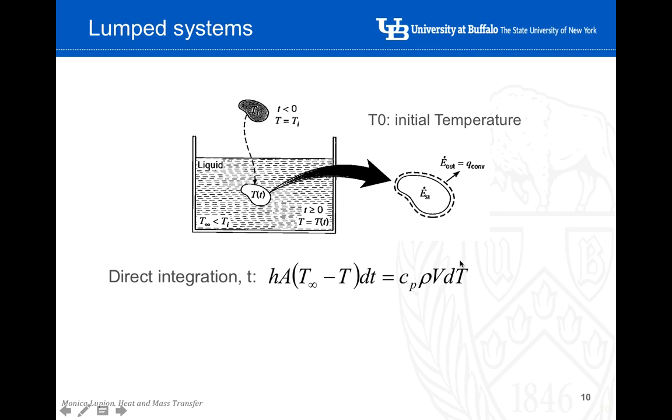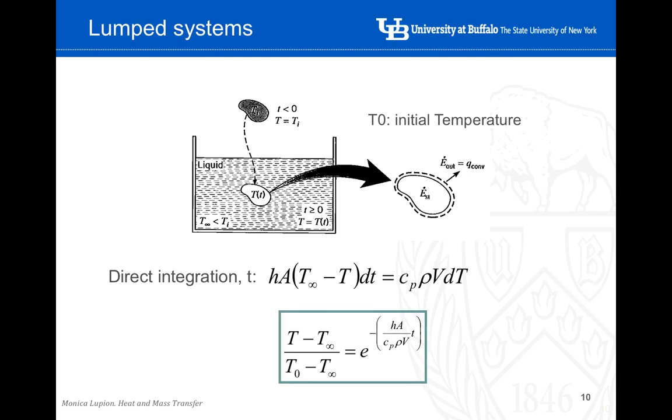So basically what we are doing is transforming the partial differential equation into an ordinary differential equation. Once we do the integration and consider the initial conditions, it's very easy to solve. And this is the mathematical solution of this equation when we have lumped systems.